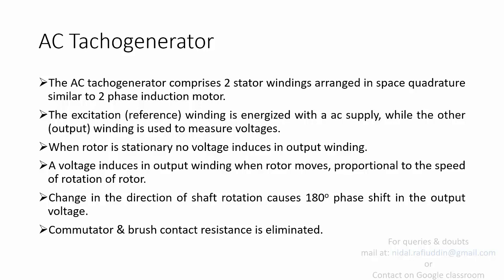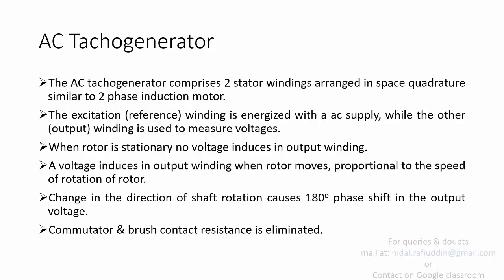So now you're not going to give any supply to the output winding, rather you are going to measure voltages from the output winding by exciting the reference winding and providing angular rotation as input to the shaft of the rotor.